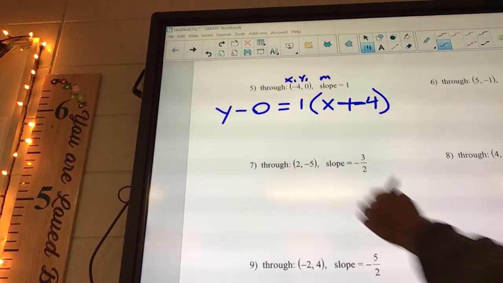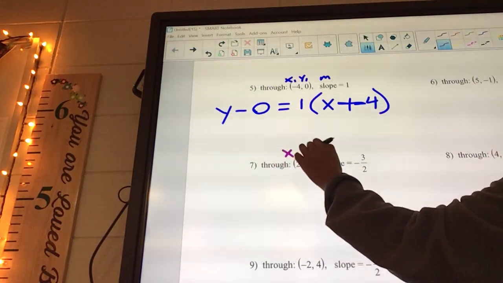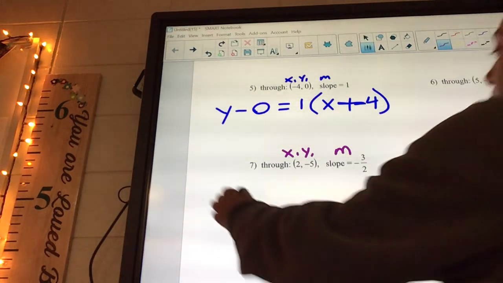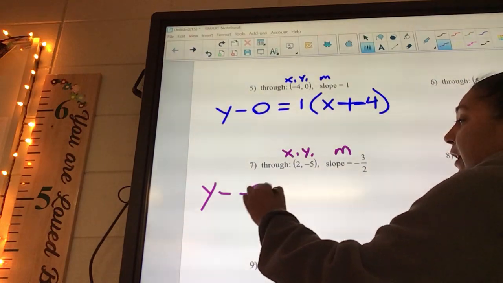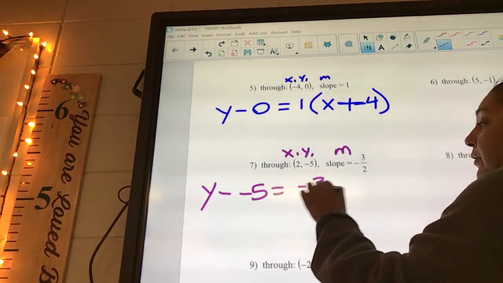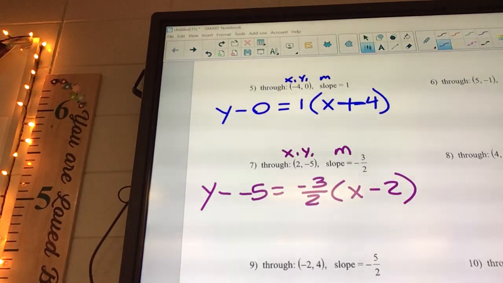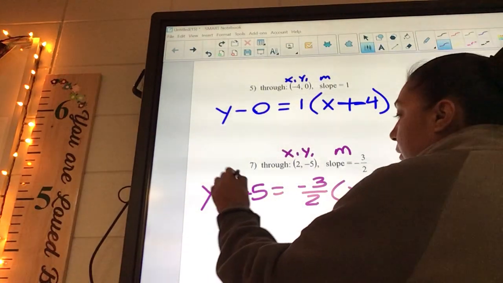But okay, 7, we're going to say x1, y1, and my m. Okay, so we have y minus negative 5 equals, my m is 3 over 2. X minus x1 is 2. Okay, and that minus minus by the 5 needs to be turned into a positive.